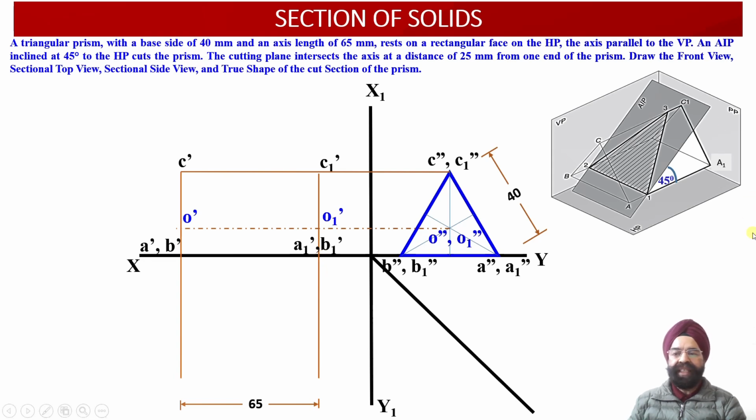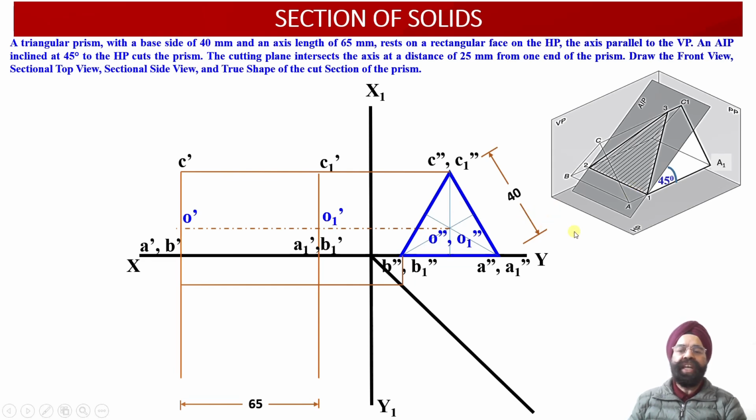That is, if you look from this side, A dash and B dash will be coinciding with each other. As we look from this side, in the front view projections, A1 and B1 are also going to coincide on the XY reference line. So the front view projections as well as the side view projections of this triangular prism have been obtained.